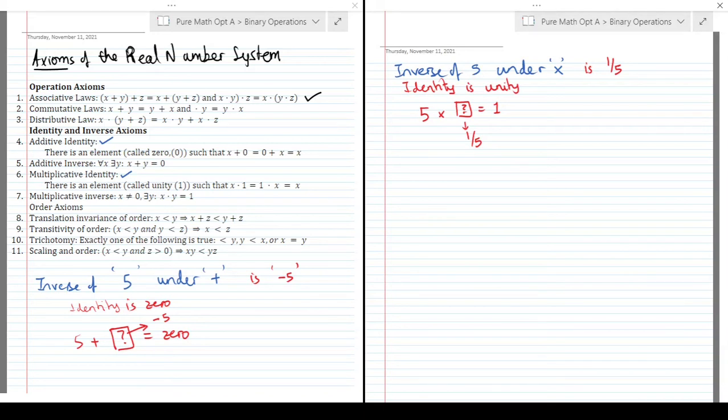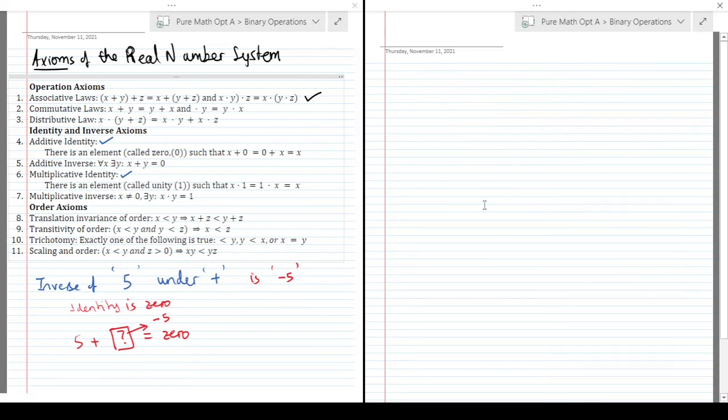Now, the last part, the order axioms, are more or less used in solving linear inequalities. There are some concepts with respect to solving linear inequalities that you are very familiar with. Let's say I give you x minus 1 is less than 5.